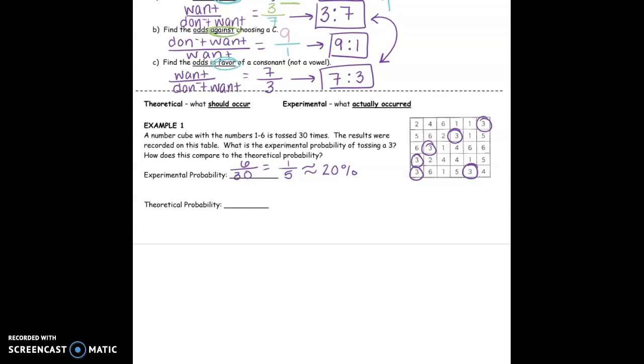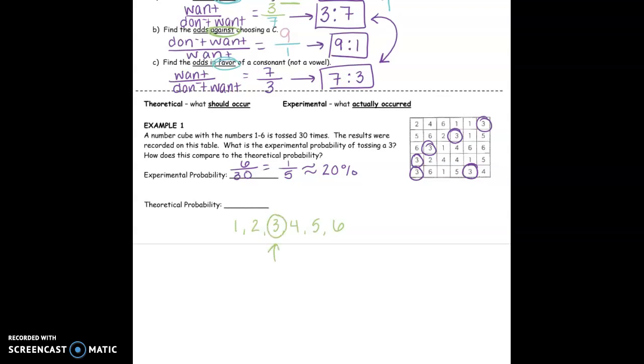Now let's look at the theoretical probability. In a perfect world, what should you have gotten for it? So if you look at that, if you rolled the die 30 times, 1, 2, 3, 4, 5, and 6 are your options. It wants to know what's the probability of you getting a 3.